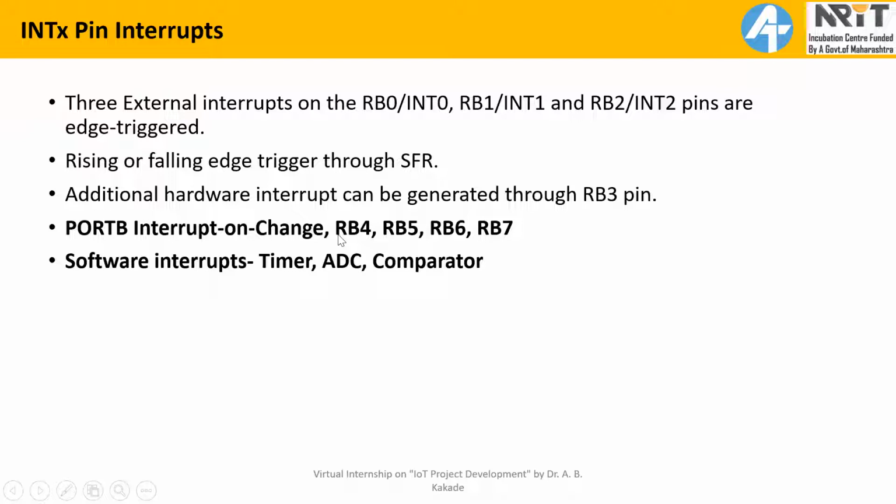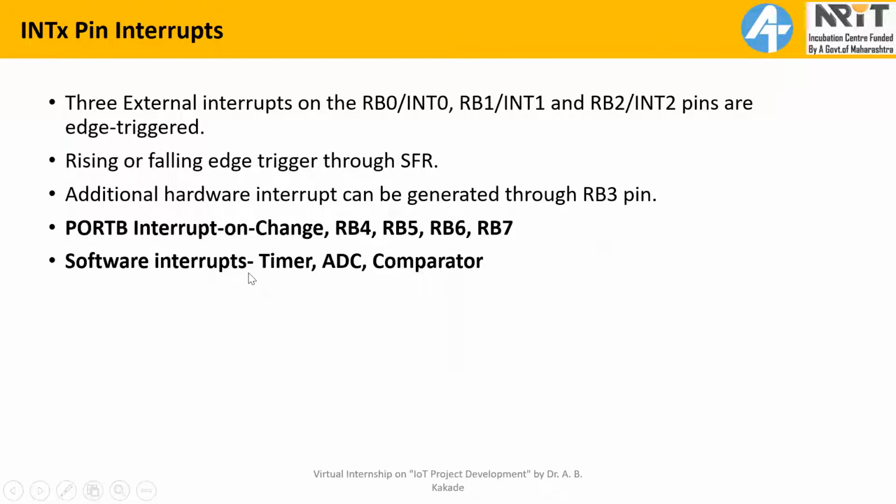Whenever there is a change in voltage level on RB4, RB5, RB6 or RB7, then the interrupt gets triggered. This interrupt is called interrupt on change. Whenever there is a logic 1 to logic 0 change or logic 0 to logic 1 change on these port pins, the interrupt gets triggered. We can enable or disable this interrupt on change.